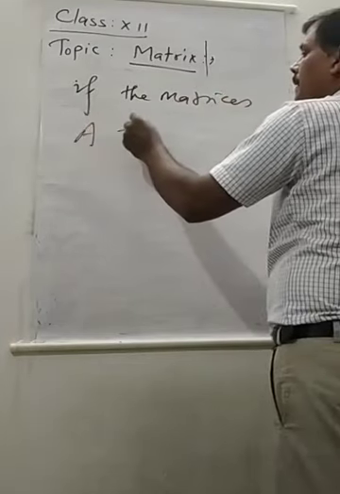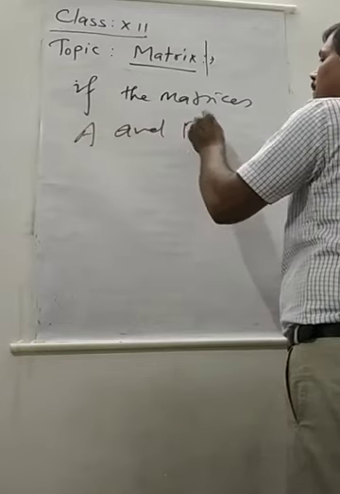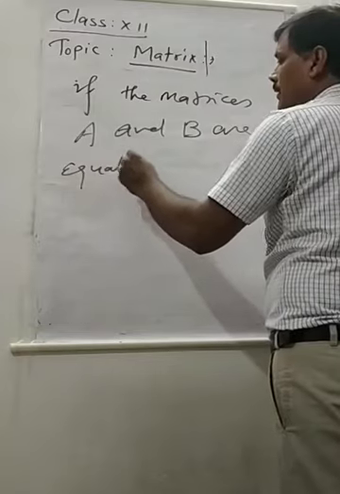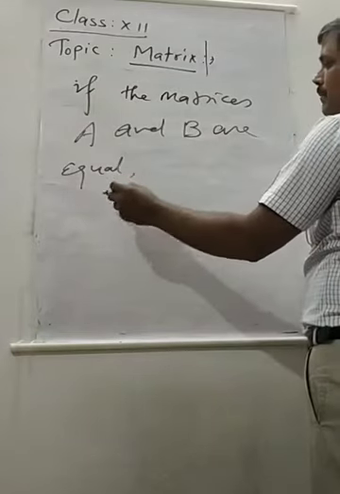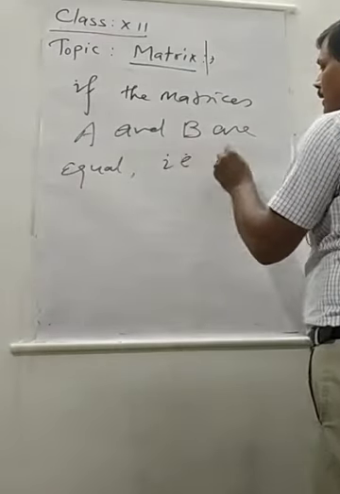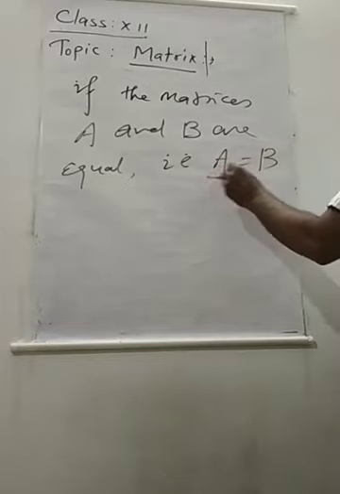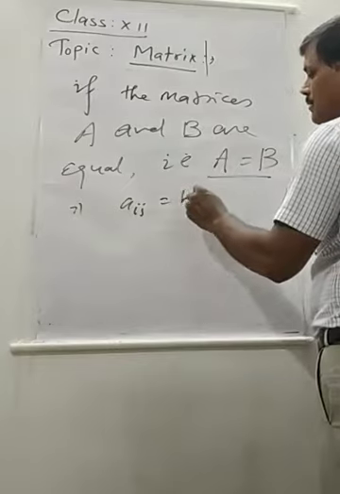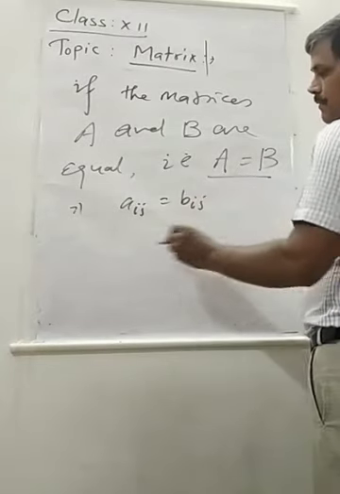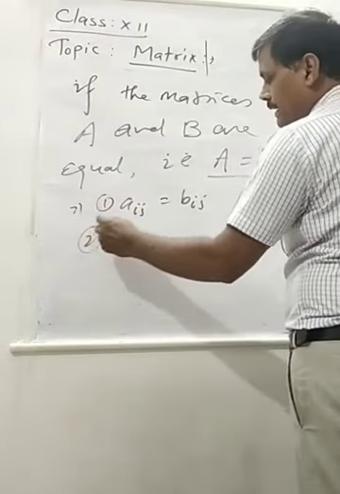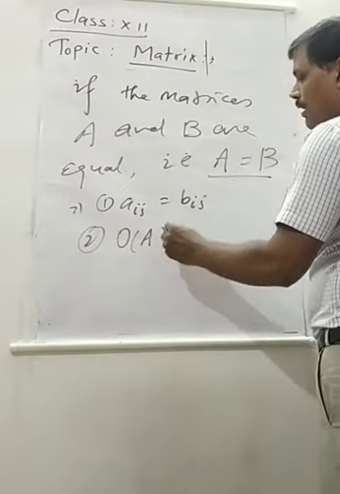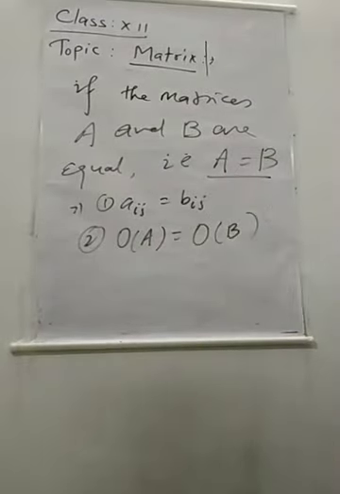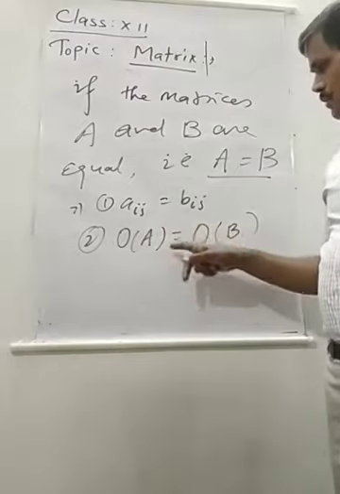If the matrices A and B are equal, that is A equals B, this implies Aij is equal to Bij, first condition, and the second condition is that the order of matrix A must be equal to the order of matrix B. What we want to say with these two concepts?